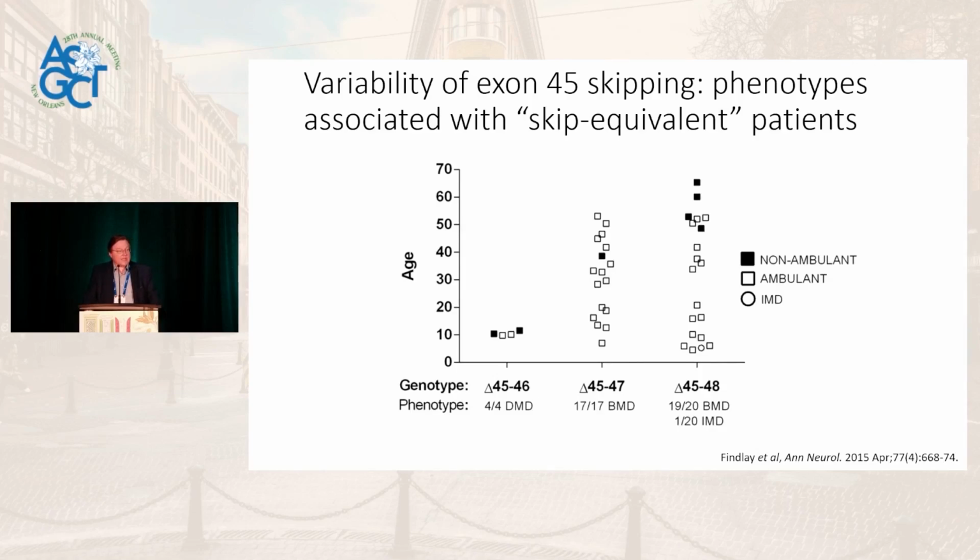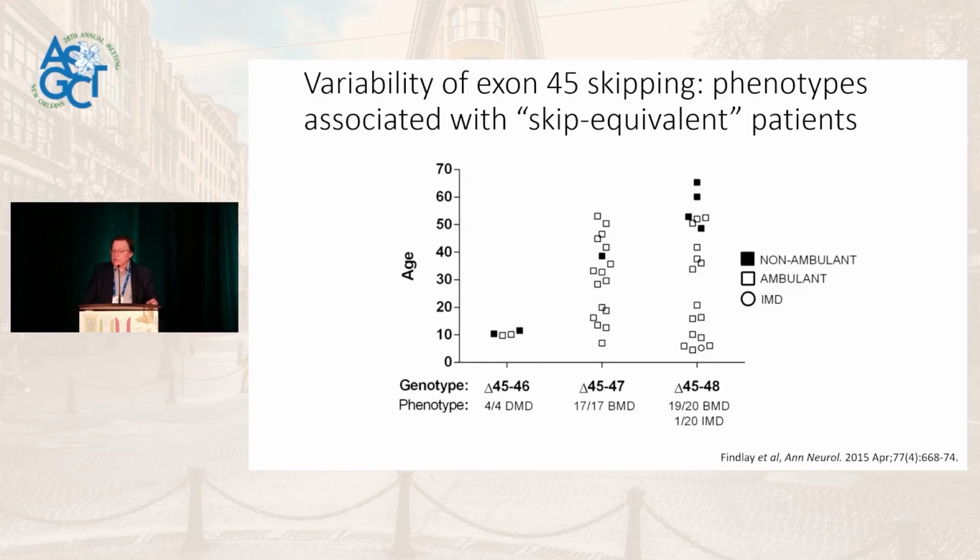This is also in the hotspot region for deletions. We observed that two of the genotypes in there, 45 to 47 deletions and 45 to 48 deletions, are Becker patients where no one lost ambulation before age 40. And we observed 4 cases of 45 to 46 deletions, also in frame, who had typical DMD. So they have a non-functional version of the protein.